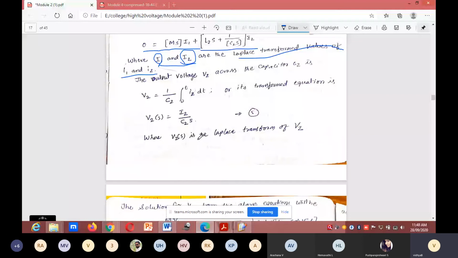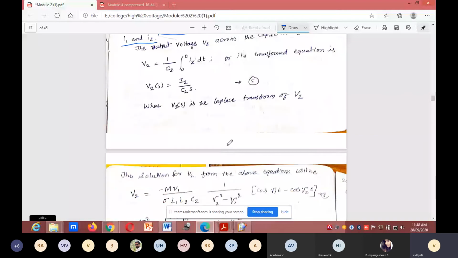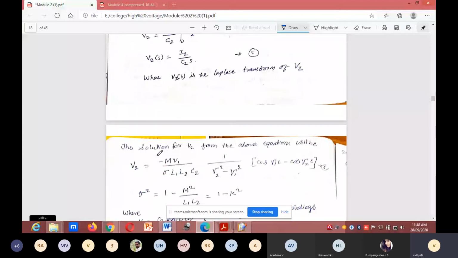The solution for V2, from the above equation, will be V2 is equal to minus M into V1 divided by sigma L1 L2 C2 into 1 divided by gamma 2 square minus gamma 1 square (cos gamma 1 t minus cos gamma 2 t).